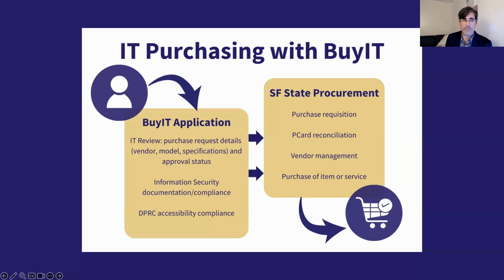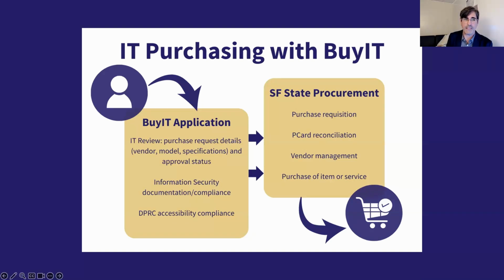Predominantly in this 2-step process, the IT teams are processing the initial reviews and overseeing the overall approval of a TAR. And then it passes on to procurement, and in some cases accounts payable, but for the most part, most items go through procurement.